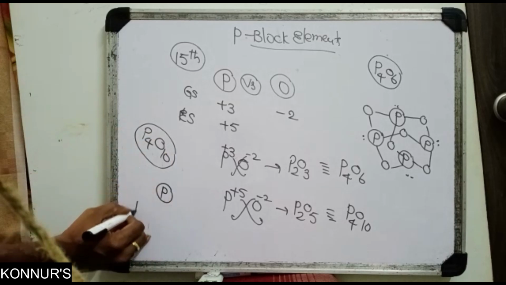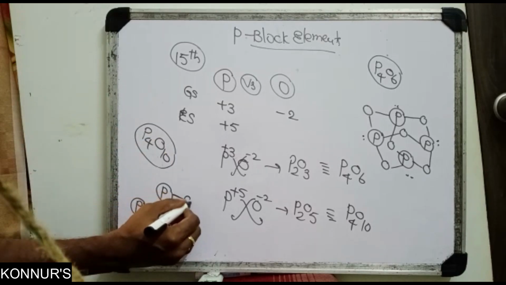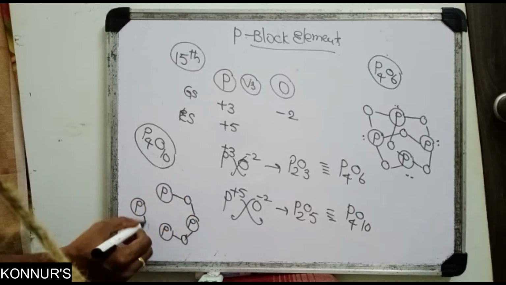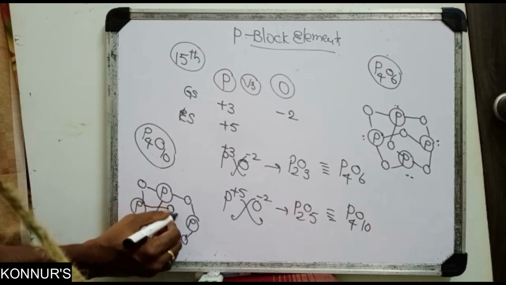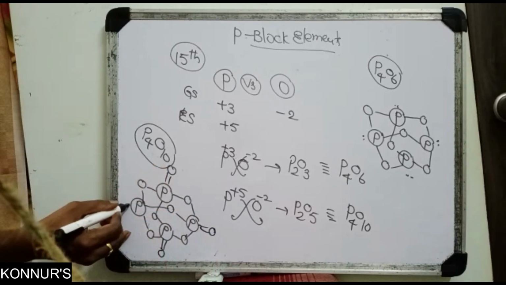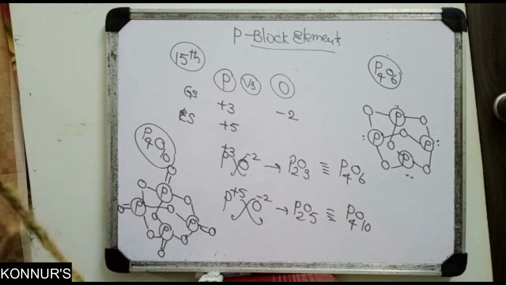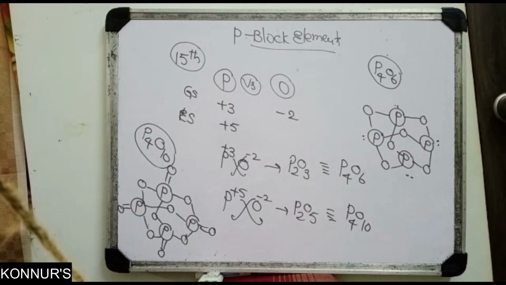You write the 4 phosphorus in tetrahedral form, and every phosphorus is combining with oxygens. Next, double bond O, double bond O, double bond O, double bond O. This is the ground state molecule, and this is the excited state molecule.